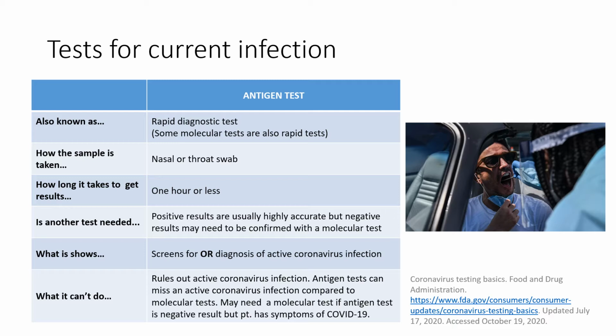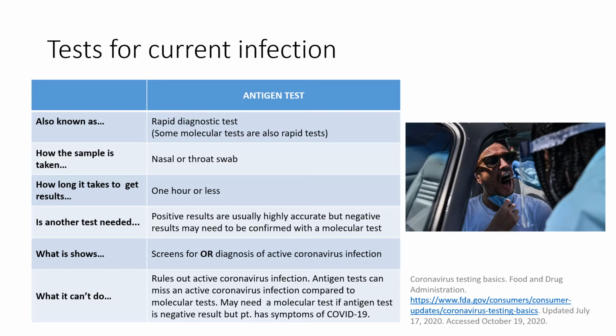The second subtype of tests that looks for current infections are called antigen tests. These tests can be referred to as rapid diagnostic tests, but are more routinely used for screening rather than diagnosis. These tests are different from the RNA or PCR test in the previous slide, as they are looking for specific viral proteins on the surface of the virus.